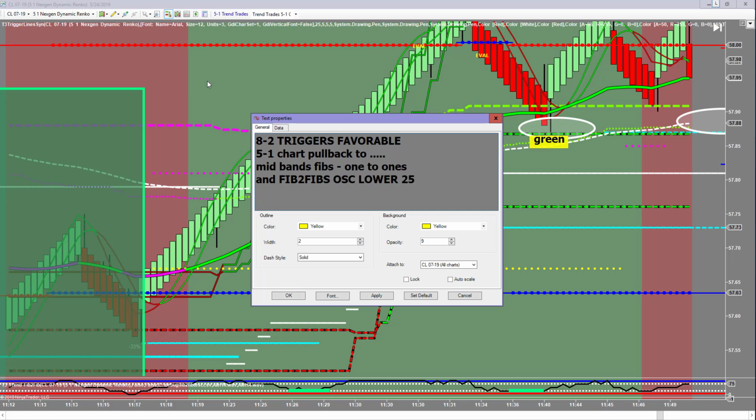Lower 25, upper 25, depending on whether we're going long or short. Easy? Okay? So there's the rule.